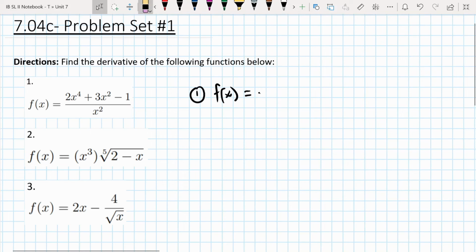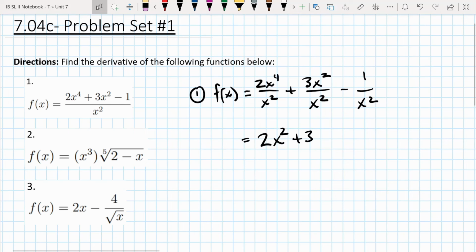So 2x to the 4th over x squared plus 3x squared over x squared minus 1 over x squared. Okay, and so we end up with 2x squared plus 3 minus x to the negative 2 if we rewrite it. Now this is a good spot that we could take the derivative of each term individually.